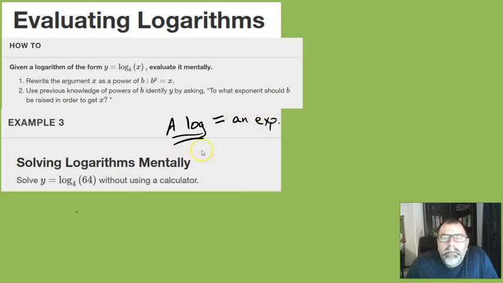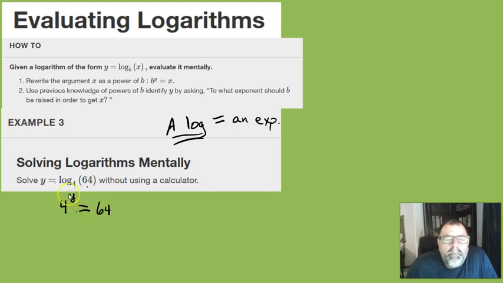Okay, so again, if we think about this, we're saying log base 4 of 64 equals y, so log equals exponent. 4 to what power? 4 to the y equals 64.